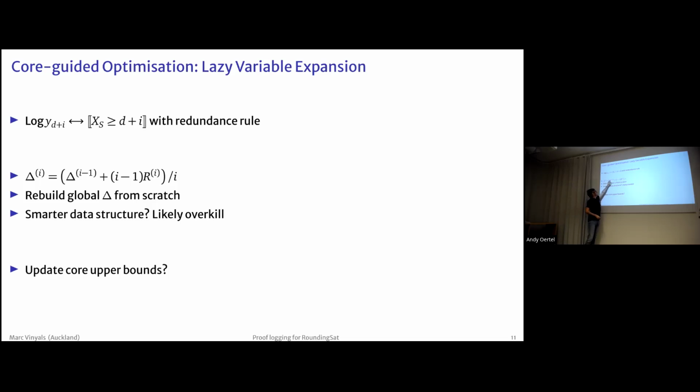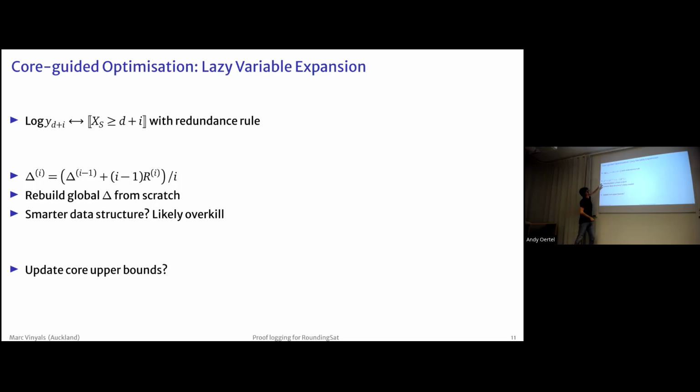We take the reformulation constraint for the specific core. Turns out that if you do this trick, take the new reified constraint and divide by i, this happens to work. It's a very nifty trick that they had in their paper. So we can just use the same thing.